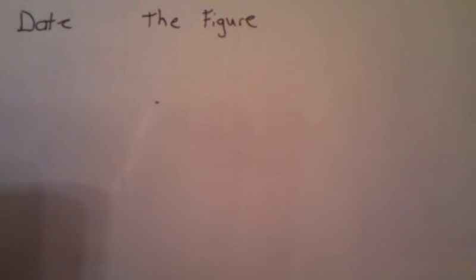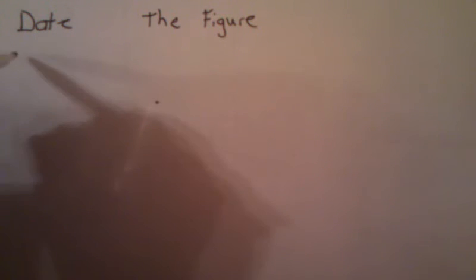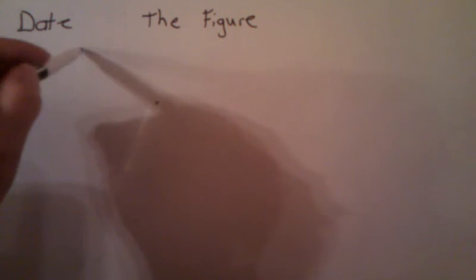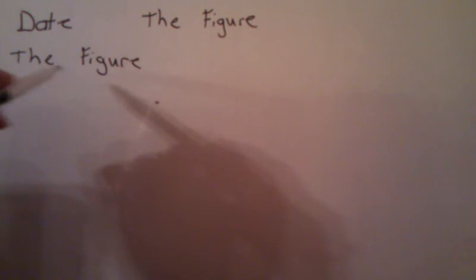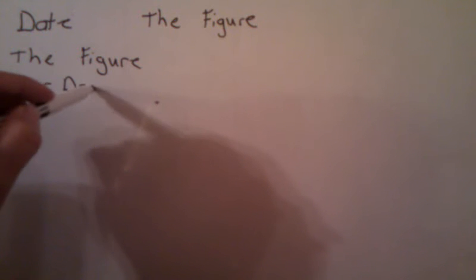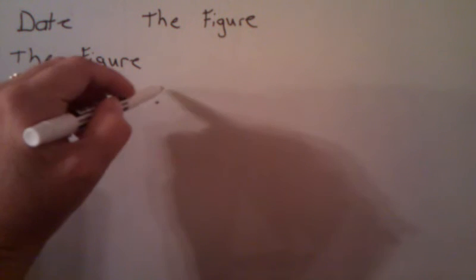Model 1. The sum of the measures of the angles of a triangle is 180 degrees. So this is what it says. We said the figure, and we want to draw a general sketch.